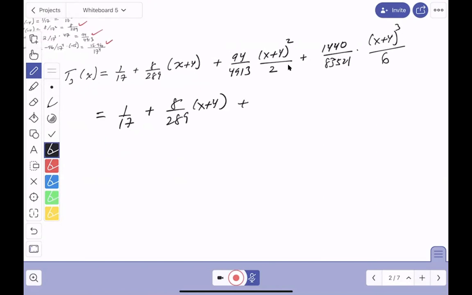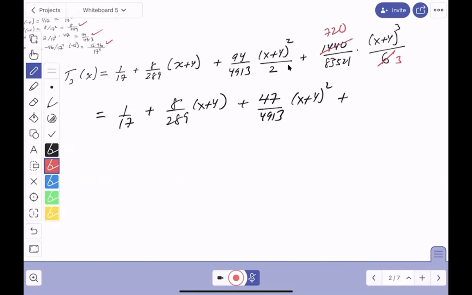I'm going to divide 2 into 94. That's 47 times, right? Again, I'm not beyond making mistakes. Plus, okay, I got to do this one over here, right? So 2 goes into this 3 times. 2 goes into that, let's see, 720, right?